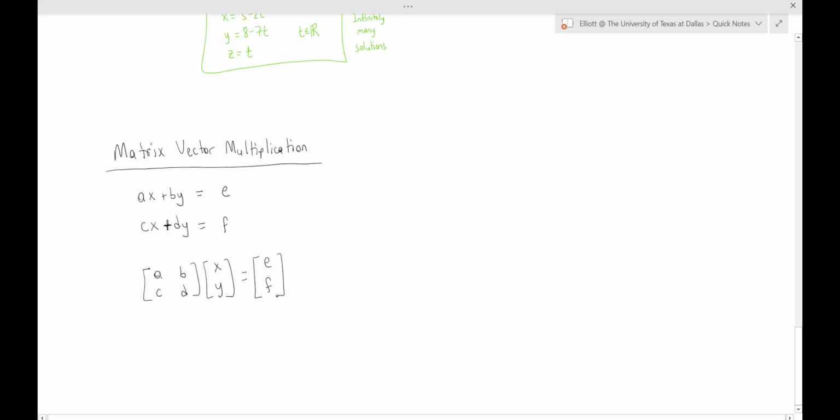So we want to define matrix vector multiplication. So that multiplying these out will give us the left-hand side of our linear system of equations.